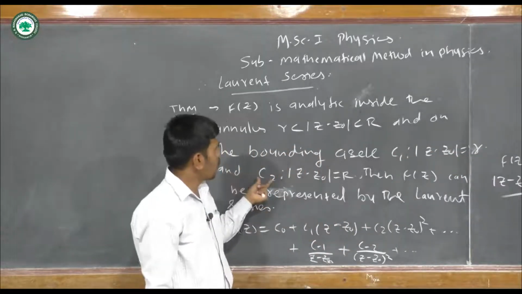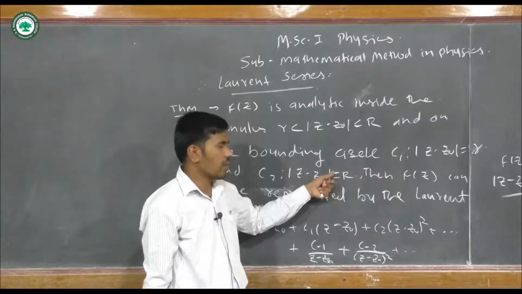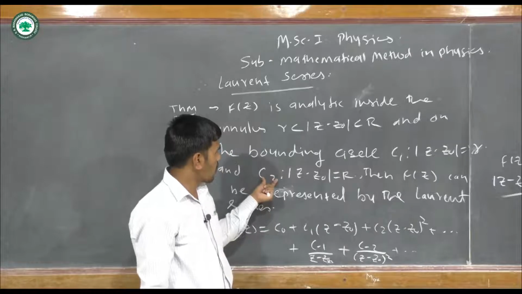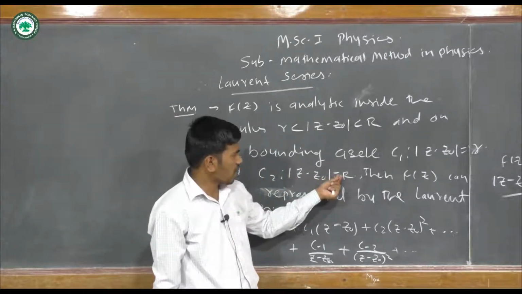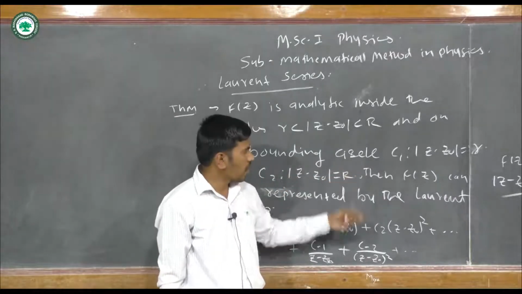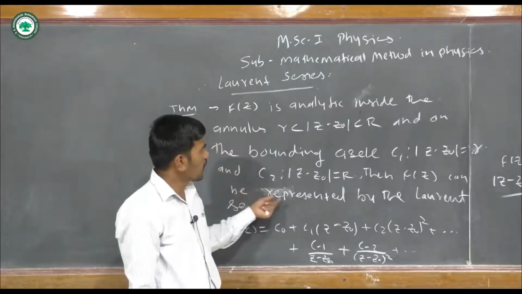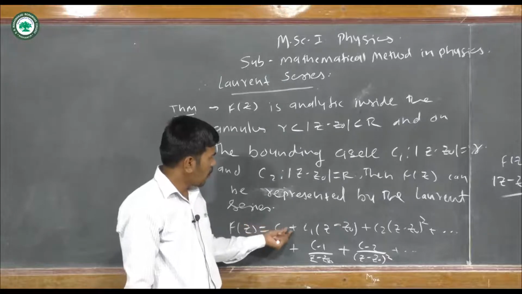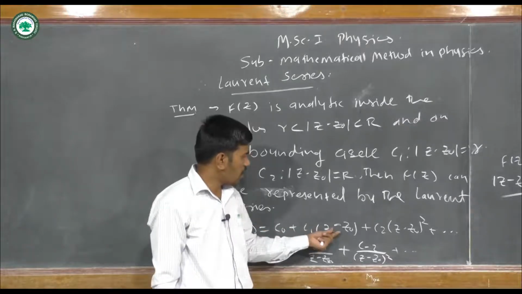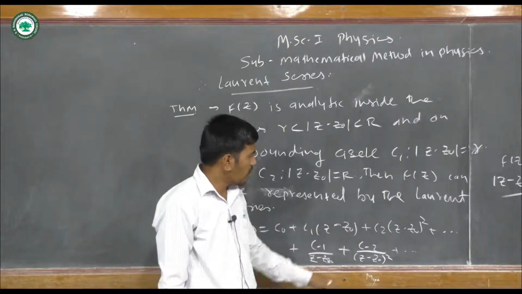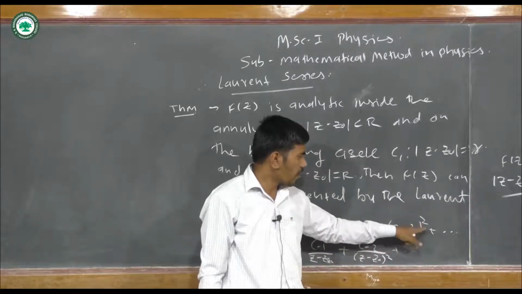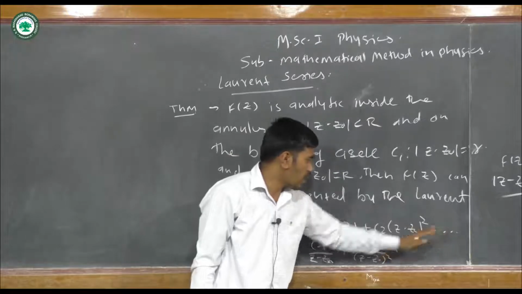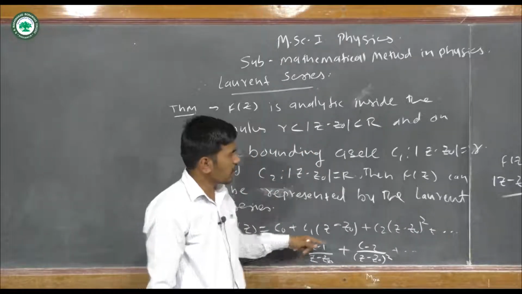And C2, where z minus z naught equal to R, is another circle we are considering, whose radius is capital R. Then f of z can be represented by the Laurent series, which is equal to c naught plus c1 (z minus z naught) plus c2 (z minus z naught) squared, and so on up to n, and then the next series for the negative powers.